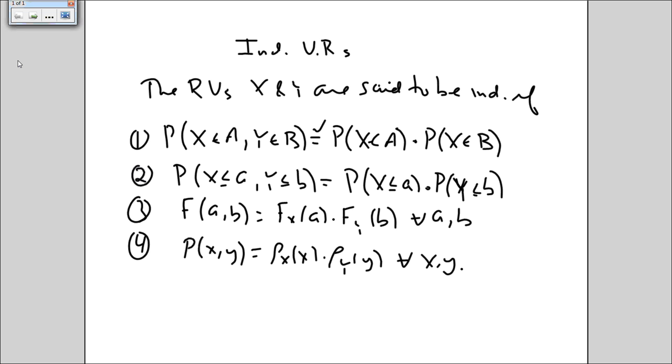So you have four ways of verifying independence.